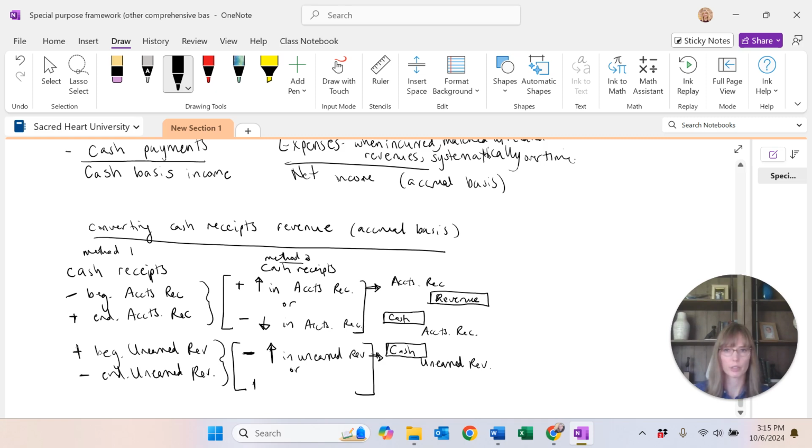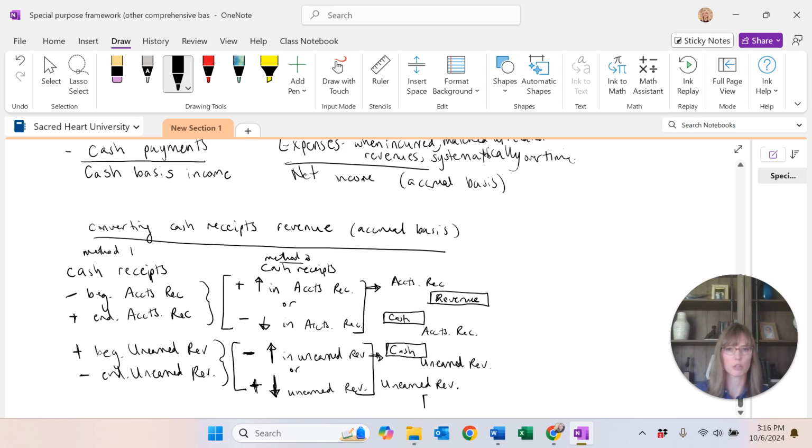Unearned revenue is either going to go up or down over the period. If unearned revenue went down, we're going to add that to our cash receipts. A decrease in unearned revenue, which is a liability account, would be a debit to unearned revenue. Why would unearned revenue decrease?